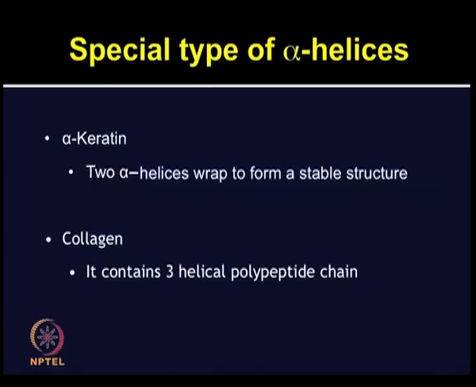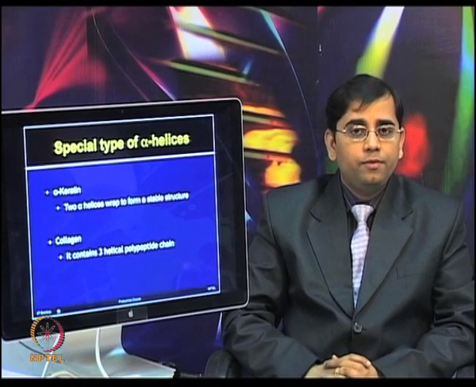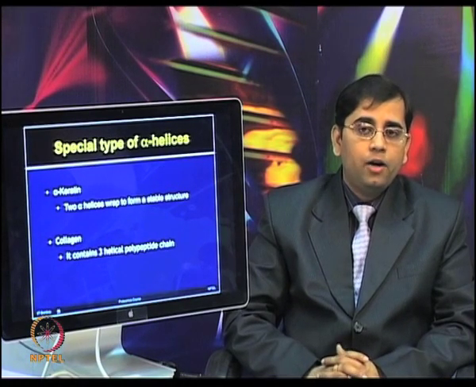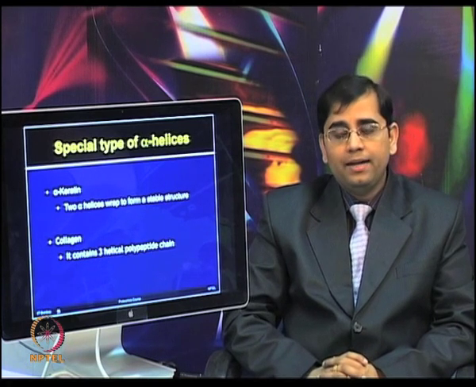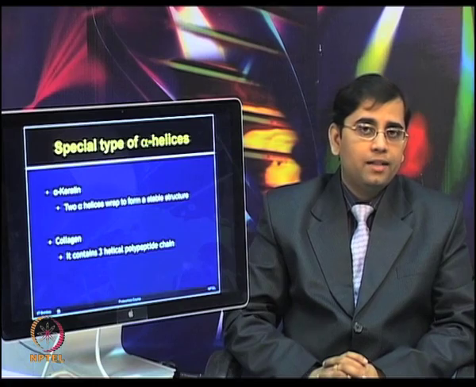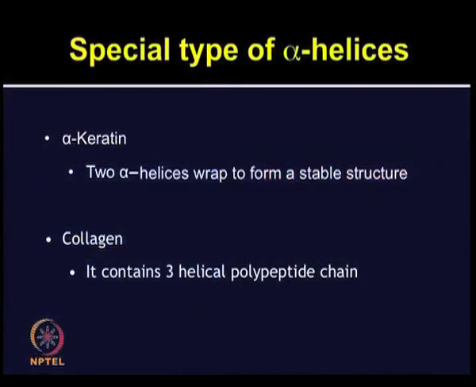It is the primary component of hair and consists of two helices coiled around each other, forming a left-handed superhelix known as the coiled coil. Another example is collagen, which is the fibrous component of skin, bone, etc. It is also the most abundant protein in mammals. It contains 3 helical polypeptide chains.